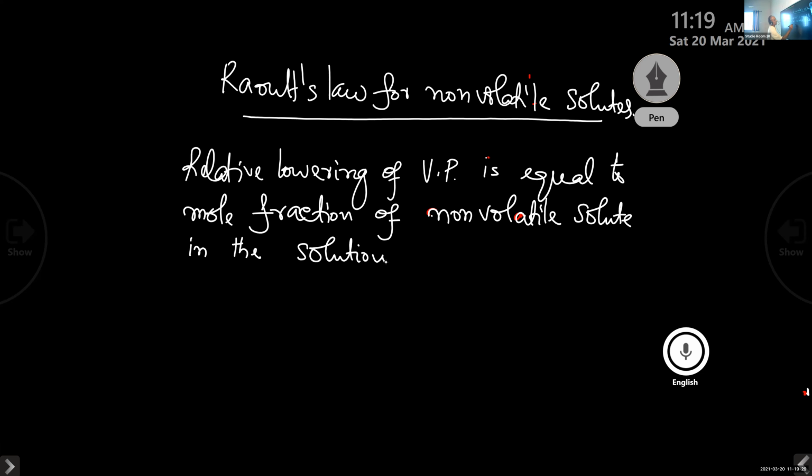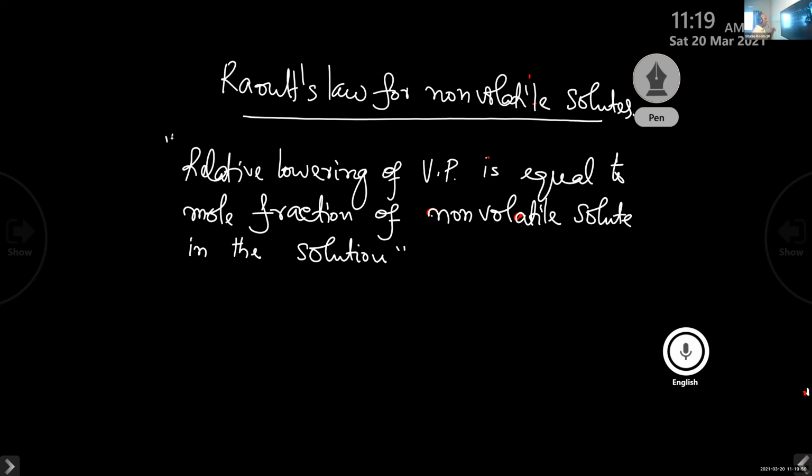That is another statement of Raoult's law, and this is for non-volatile solutes. The former one we have already seen, that is for volatile components, where both the components are volatile.